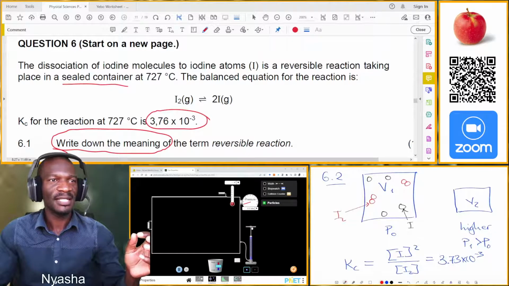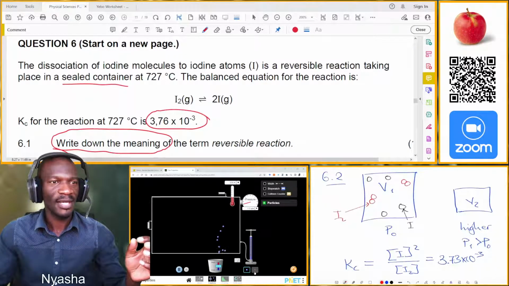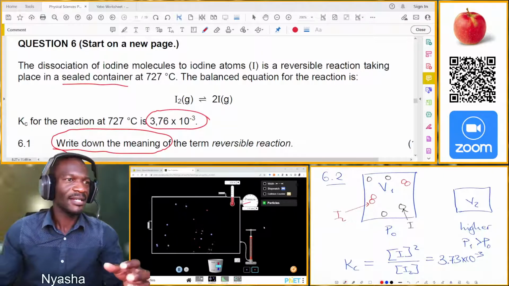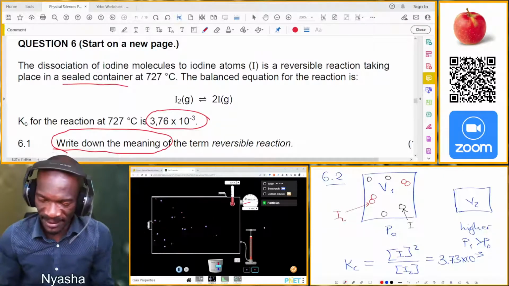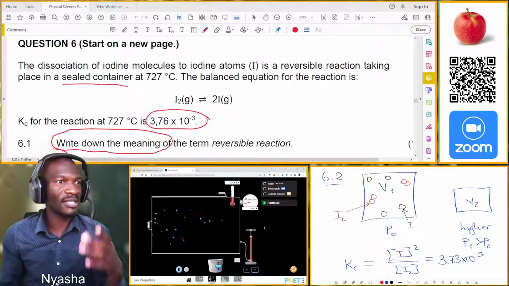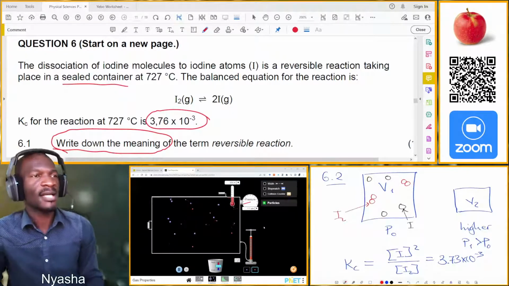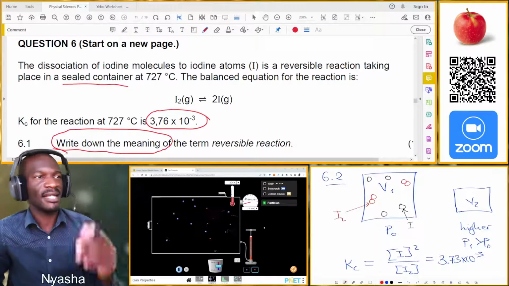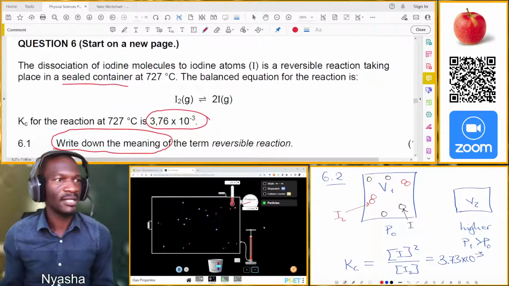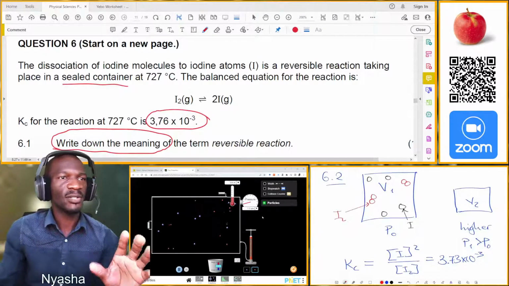I'll pump this a bit with some particles, and then I'll put in some particles of a different color. We have the iodine particles, which are the purple ones in this case, and the smaller red ones, let's say they are diatomic, but separate. Look at our pressure right now.